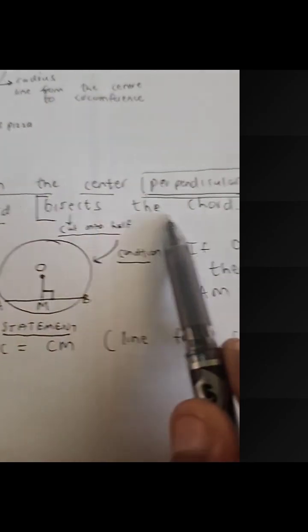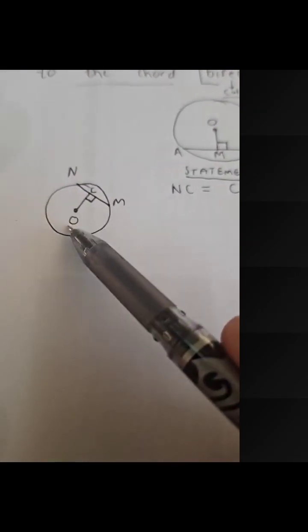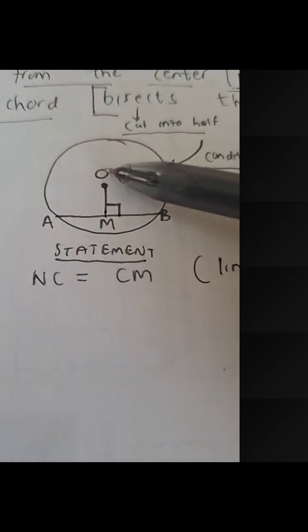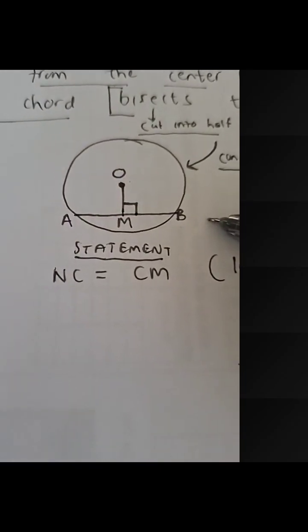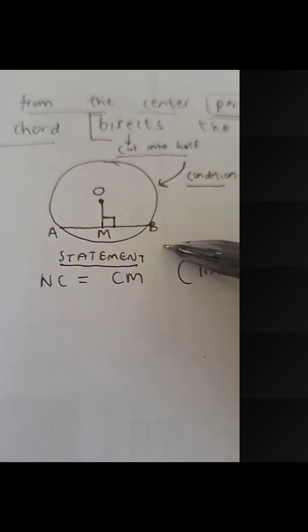So a line from the center perpendicular to the chord bisects the chord. If that line from the center is perpendicular to the chord, then the result is that that line from the center bisects the chord. So in other words, NC will be equal to CM. In this diagram, the line from the center perpendicular to this chord bisects the chord.